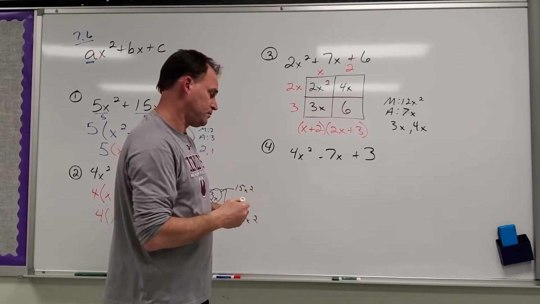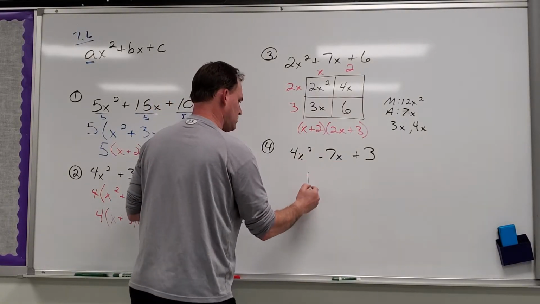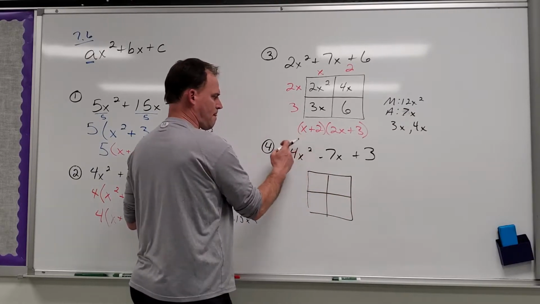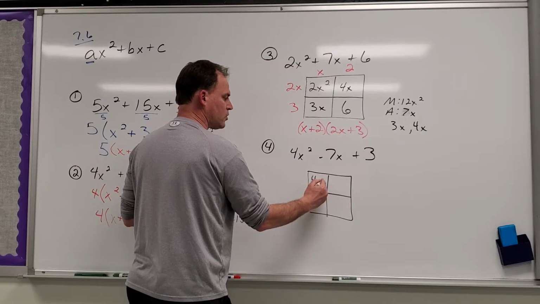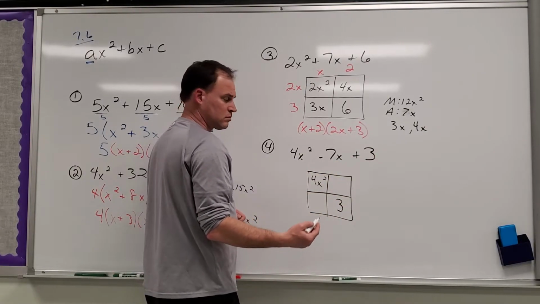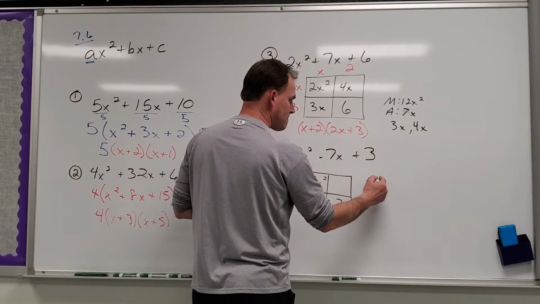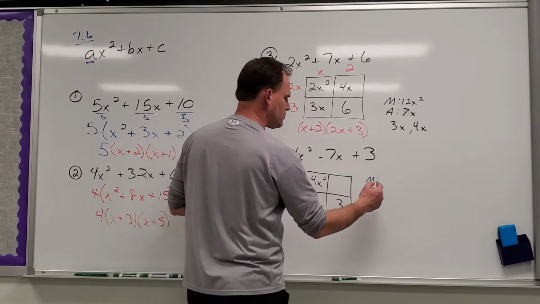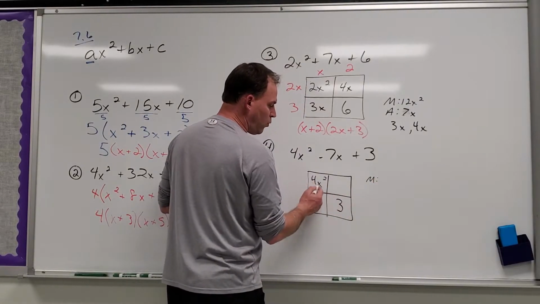Let's do it again. First number goes in the first box. The last number goes in the last box. What a horrible example. So this multiplies to be what?